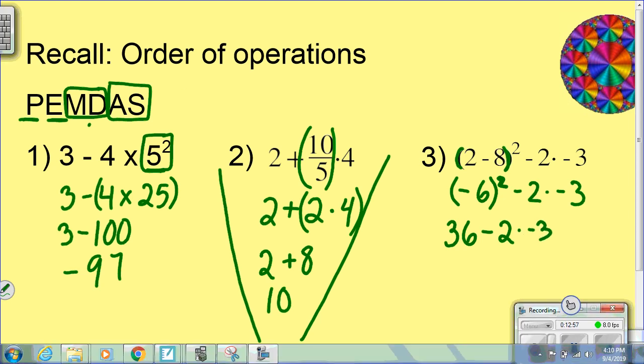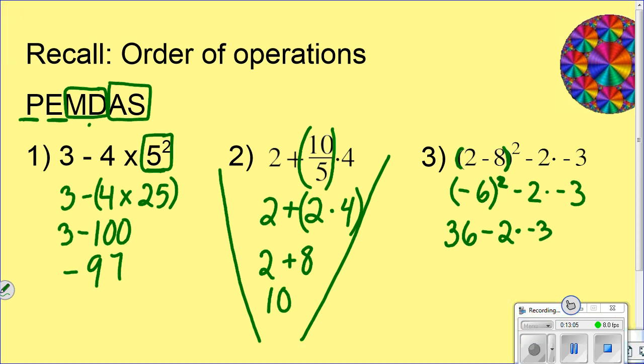All right. Done with exponents. Do I have any multiplication or division? I certainly do. I have some multiplication here. So now I'm going to do that. Right? I'll put that in parentheses so we can see what we're doing. 36 minus 2 times negative 3. Signs are different. So my product is going to be negative.